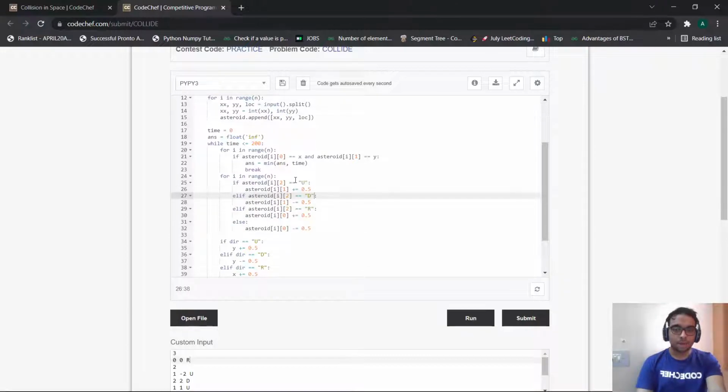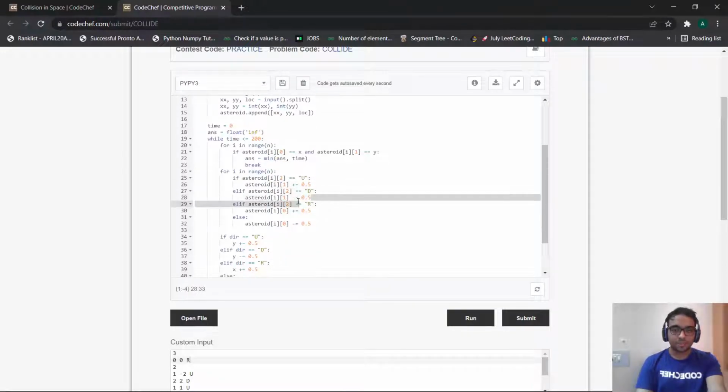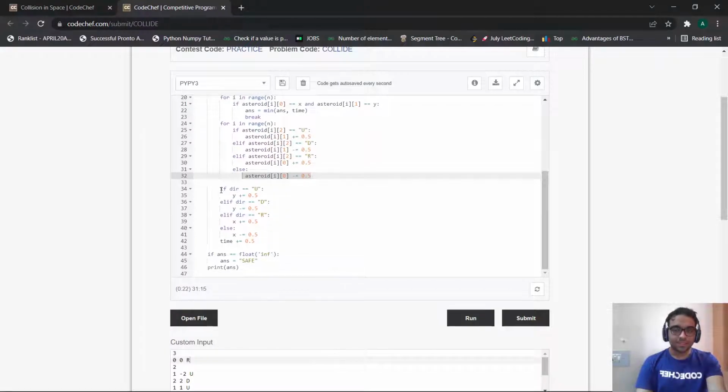So if it was up, I increment by 0.5. I discussed why I use 0.5 earlier. If it is down, I'll decrement by 0.5. If it is right, I'll increment by 0.5 on the x-axis. And if it is left, I'll decrement by 0.5 on the x-axis. And similarly for my Earth, there's the increment and decrement for this particular Earth.